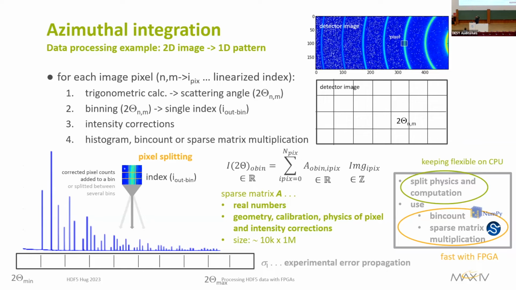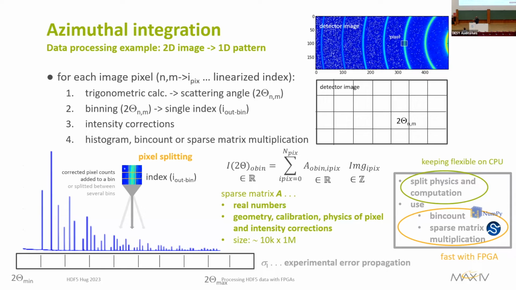It's a method of getting pixel values into the powder pattern, or scattering pattern. It's actually only histogramming or bin counting. It's nothing more. You may do some corrections, like multiplying the data in the image, or multiplying data in the resulting 1D pattern.